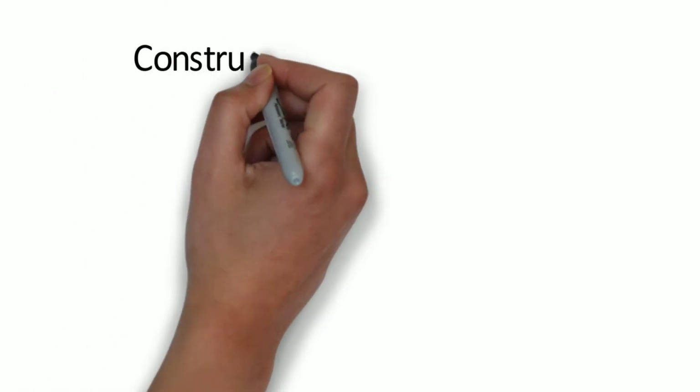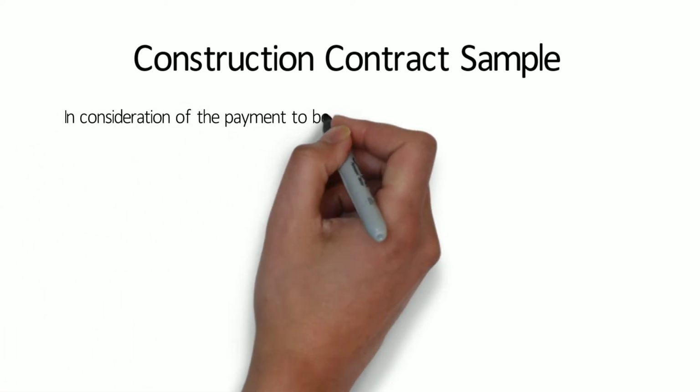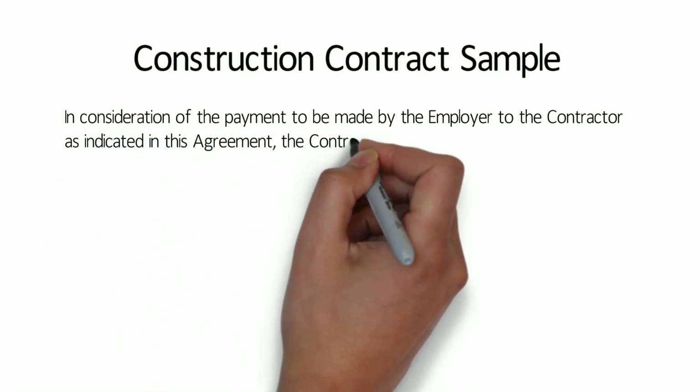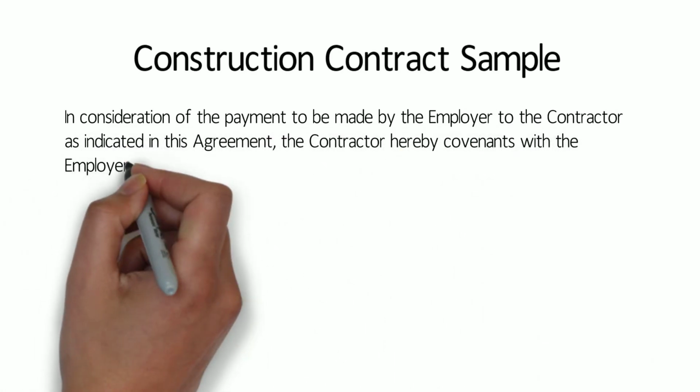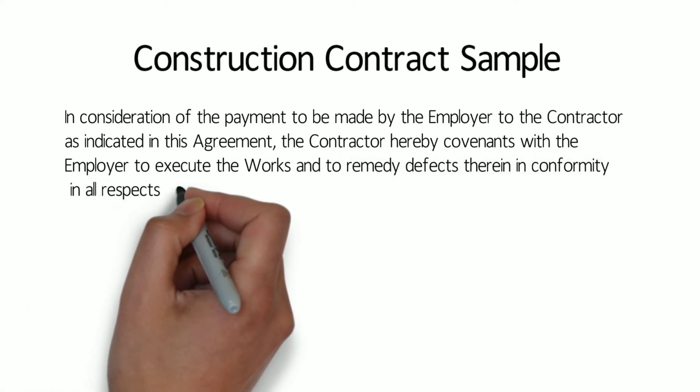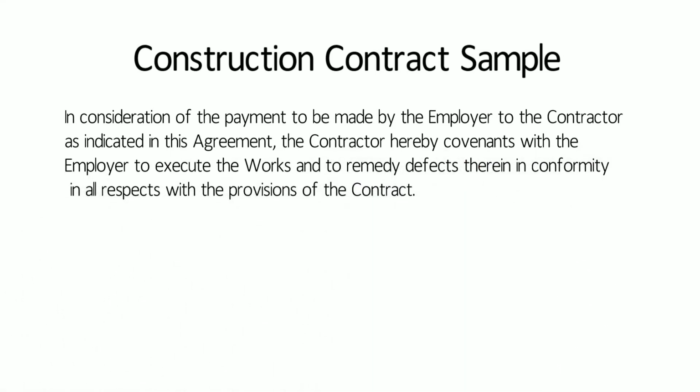After this, the implied terms are usually written. It goes like this. In consideration of the payment to be made by the employer to the contractor as indicated in this agreement, the contractor hereby covenants with the employer to execute the works and to remedy defects therein in conformity in all respects with the provisions of the contract.